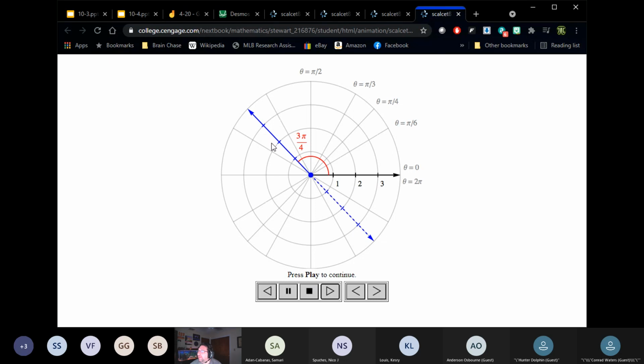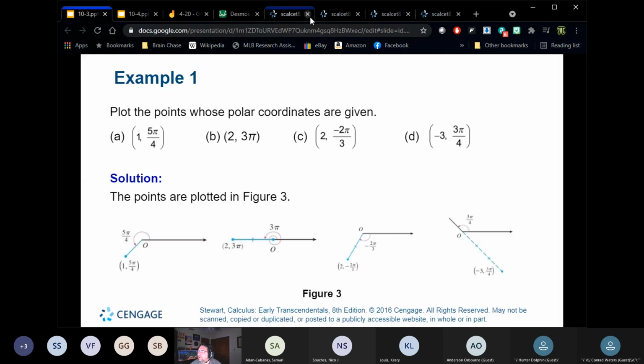So I graph that one, and then continue that line in the other direction. So those would be how we graph our polar coordinates. Any questions on those?